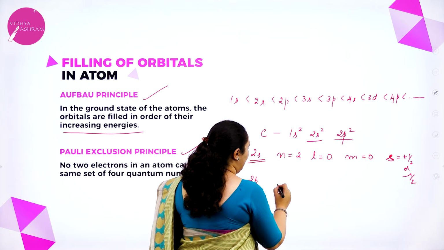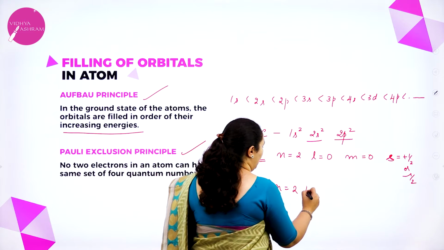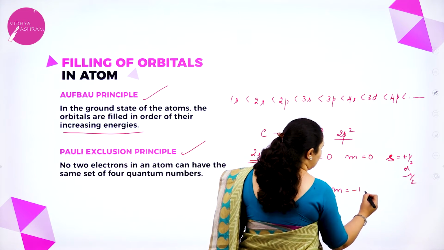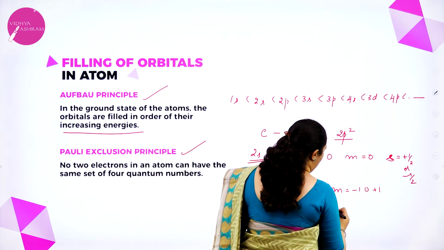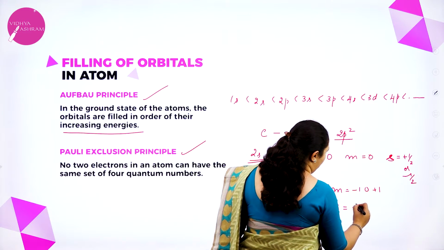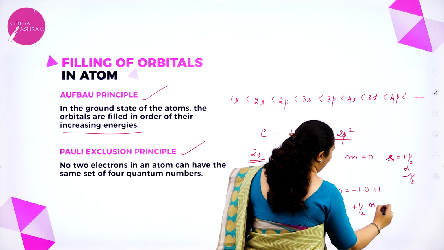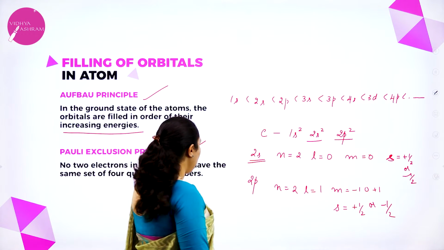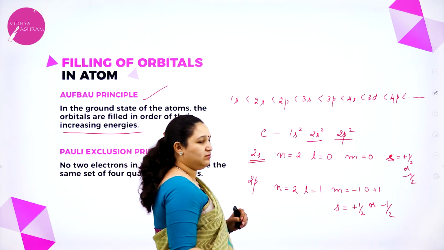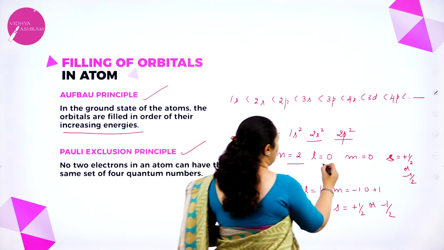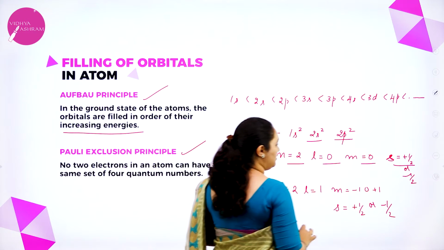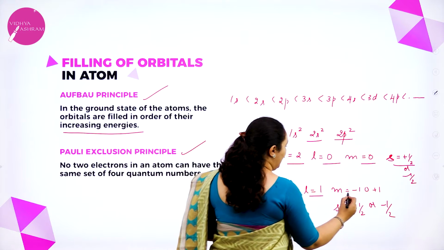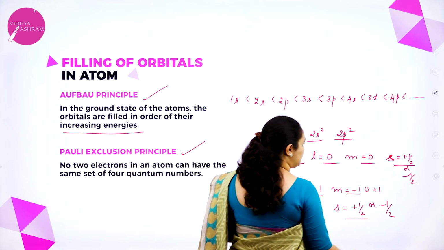Now in 2p, n is equal to 2, l is equal to 1, m is equal to minus 1, 0, plus 1 and s can be plus half or minus half. So from 2s I'll consider 2, 0, 0, plus half. From 2p, 1 electron: 2, 1, minus 1 and plus half.